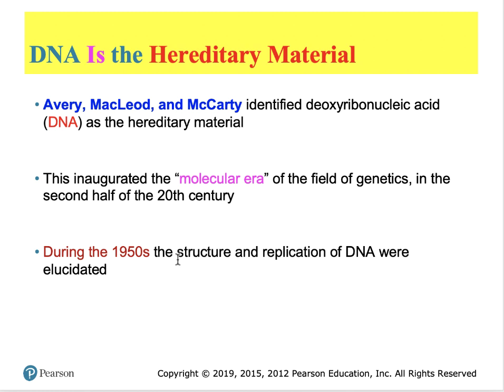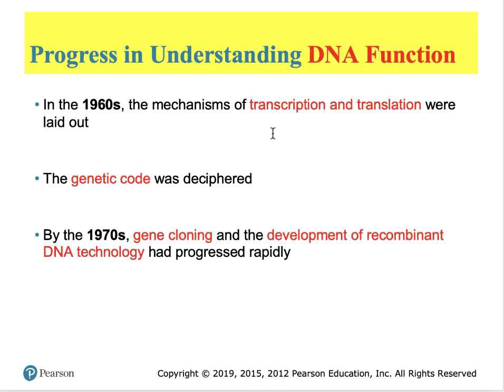Other than DNA replication and its structure, students need to understand the mechanisms underlying transcription, the copying of DNA into RNA, and translation, the transfer of information from RNA into proteins or polypeptides.